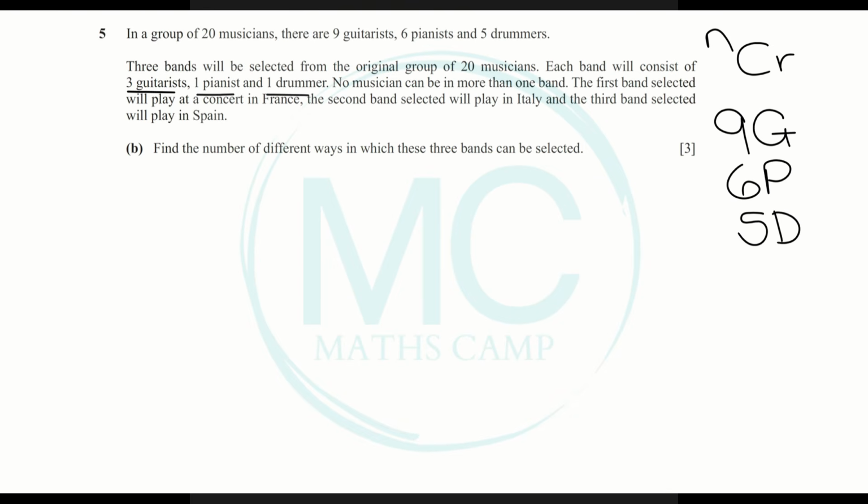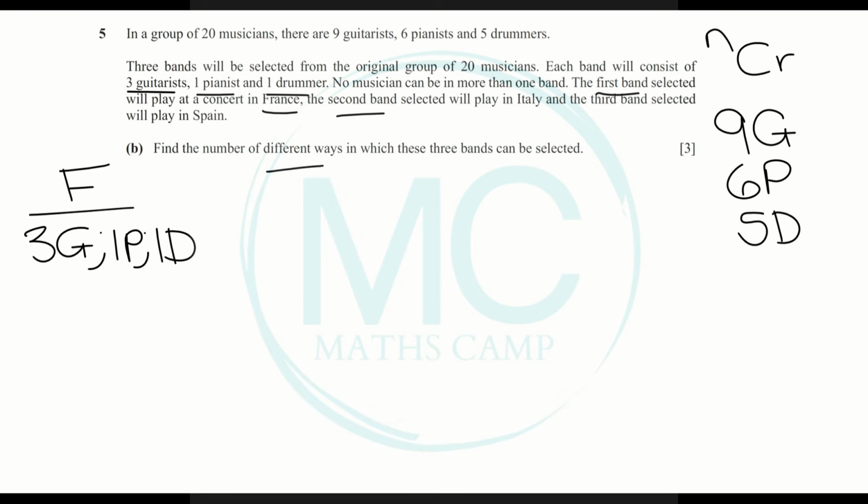The first band selected will play in France. So let's say that this is our band for France. We have 3 guitarists, we have 1 pianist, and 1 drummer. After that, the second band is selected, who will play in Italy.